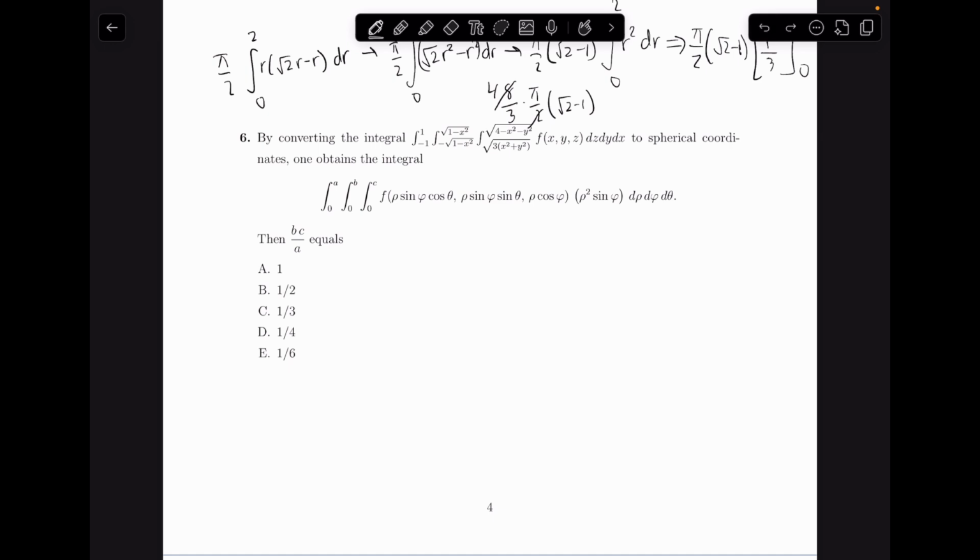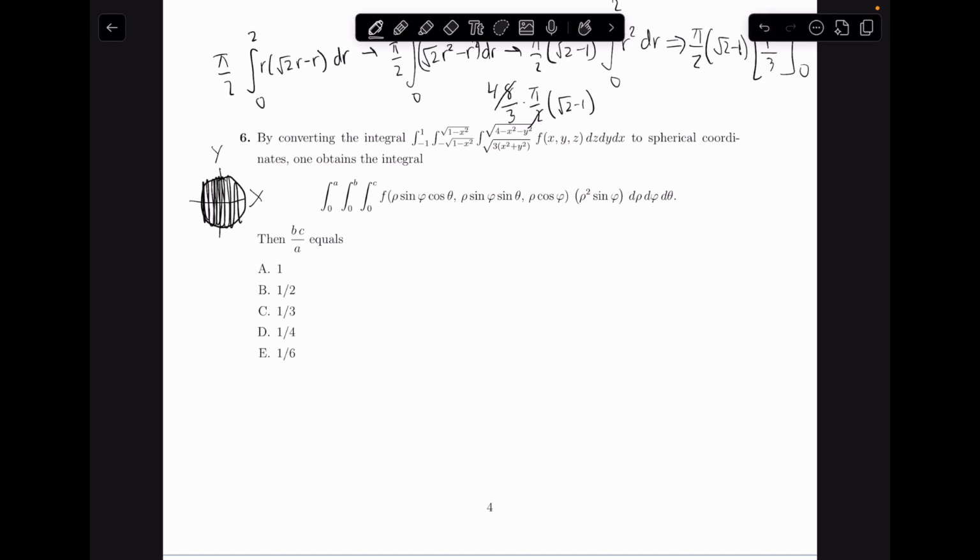So I'm looking at the bounds. The A value should not be too hard because looking at our dy dx, our x and y bounds, that's what's going to govern our theta value, or our A. If we draw out our xy plane here, we really just have a circle and we're going all around. We want to get that whole circle.